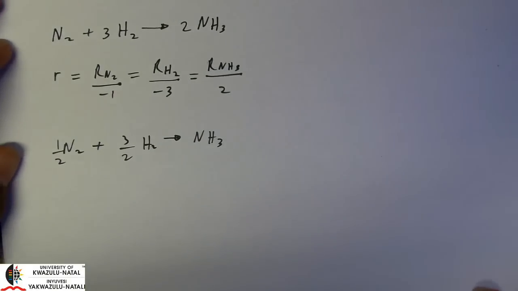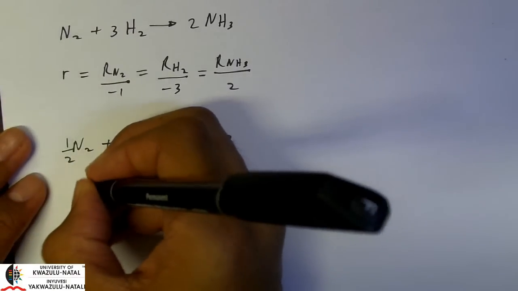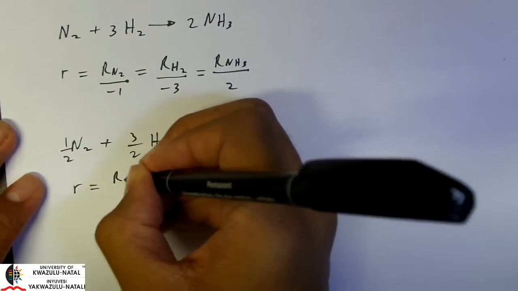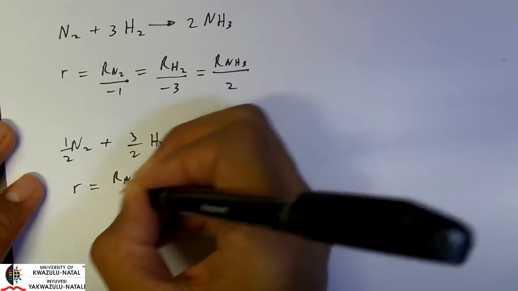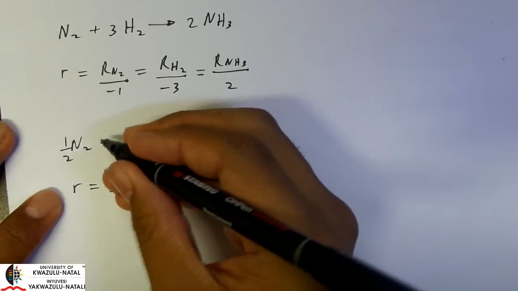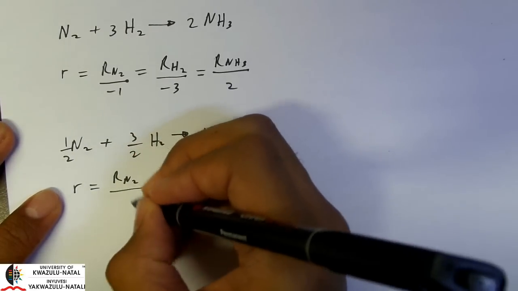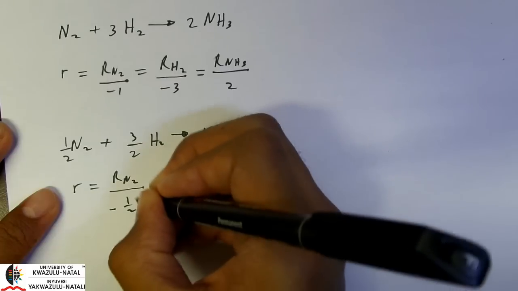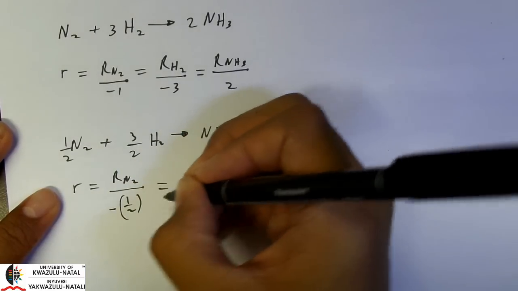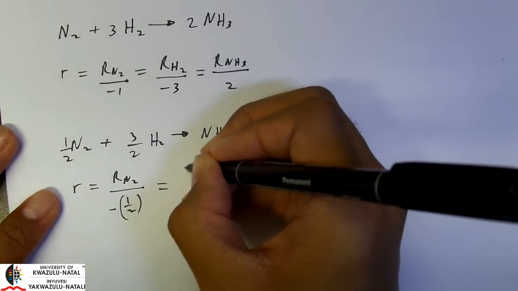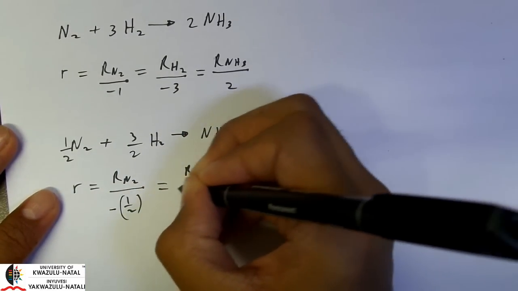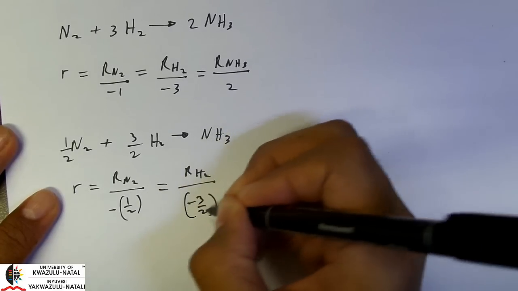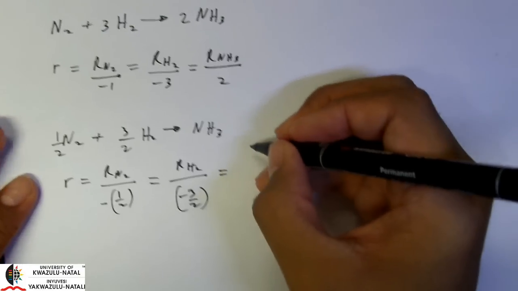In such a case, our R value will change. R can be expressed in terms of the consumption rate of nitrogen over -1/2, or in terms of hydrogen, it will be over -3/2.